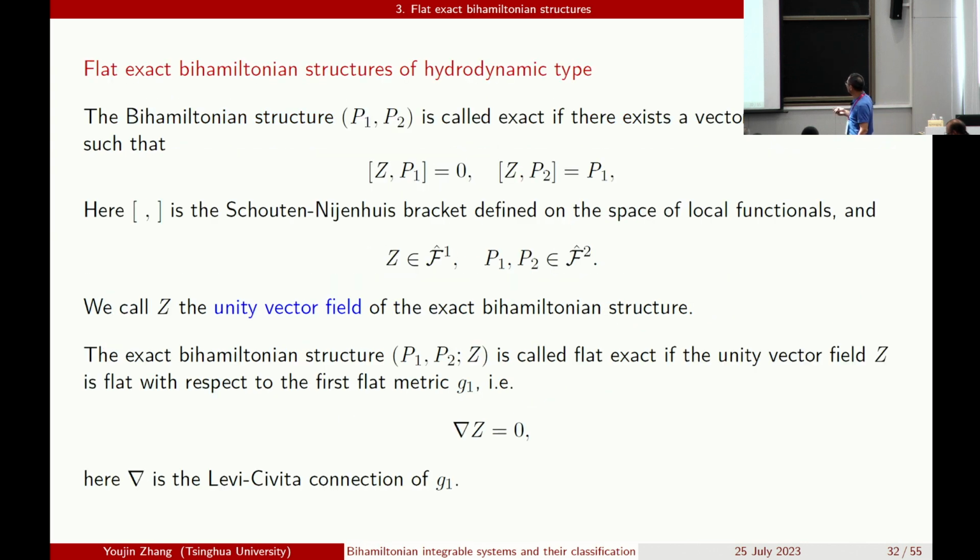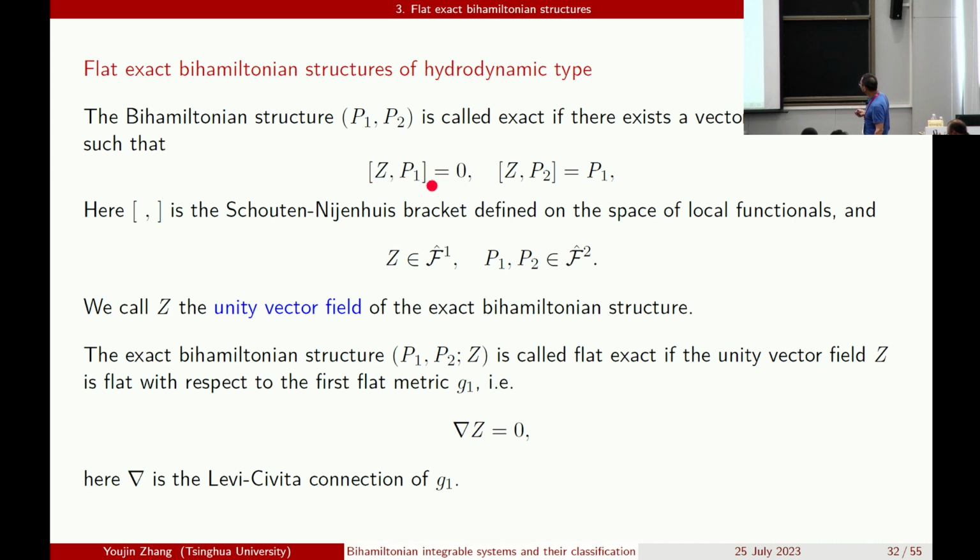And then we can define what the flat exactness of these bihamiltonian structures means. So this flat exact means that apart from this bihamiltonian structure, we require that there is another vector field on the manifold M, so that this vector field can be viewed as a local functional of superdegree 1, and then P1 and P2, this Schouten bracket satisfies this relation.